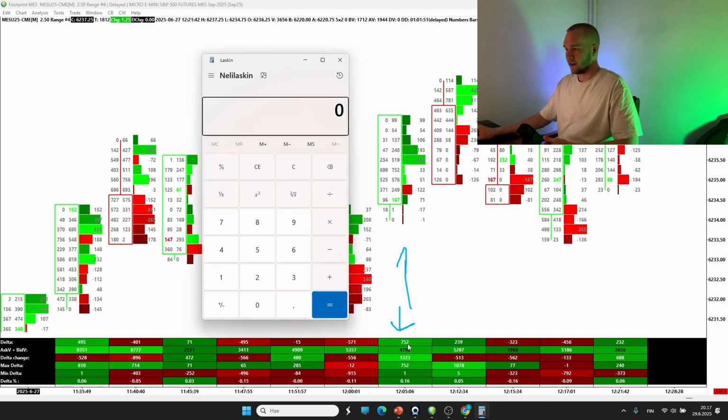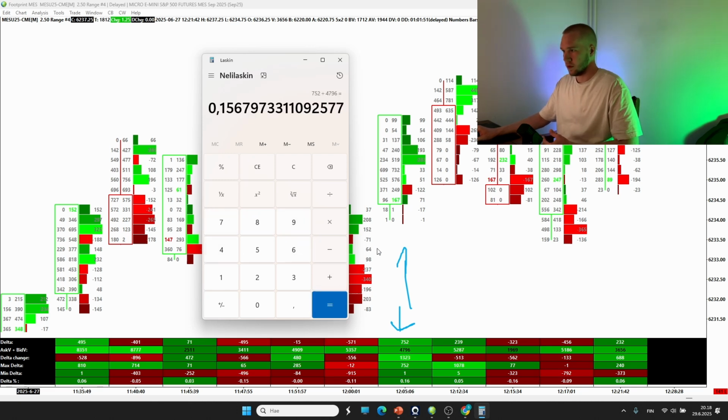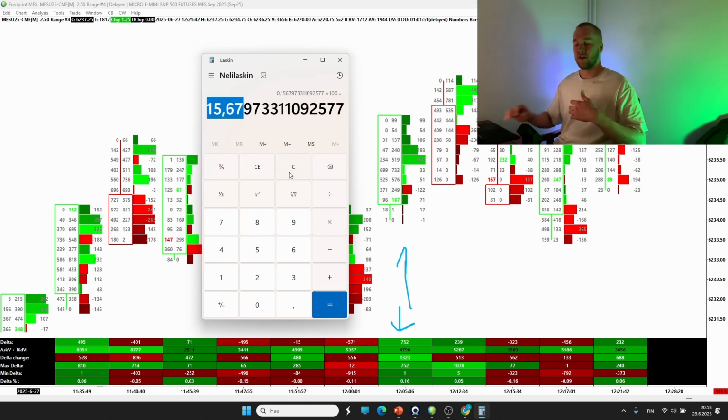So if we take the delta number here, which in this case is 752, we put 752 and then divide that by the total contracts, and we times that by 100, we get the percentage, which is 15. So it is matching basically 16, right? So that's what that means. The delta percentage is the delta from the total volume.